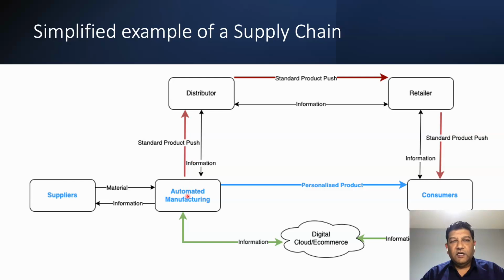Now, once the product is ready, the manufacturer will push the product to the distributor, and the distributor will push the product to the retailer, and the retailer will push it to the consumer. So that was the generic supply chain where the manufacturer used to work with economies of scale, and if there is any customized order, then the cost could be very high.